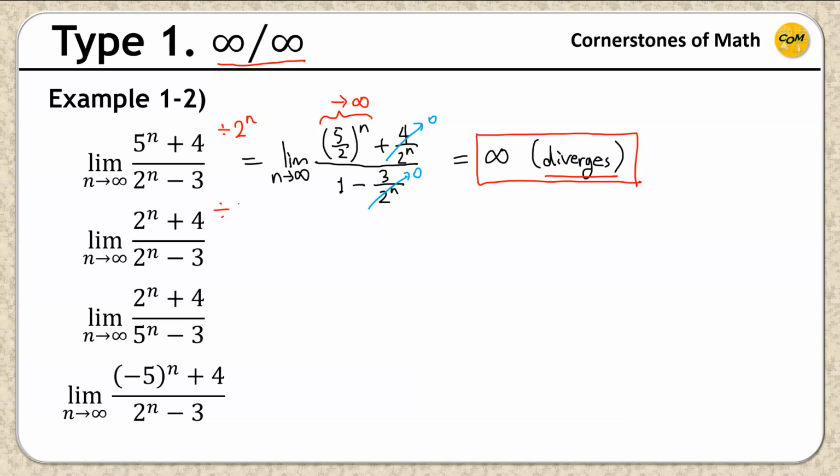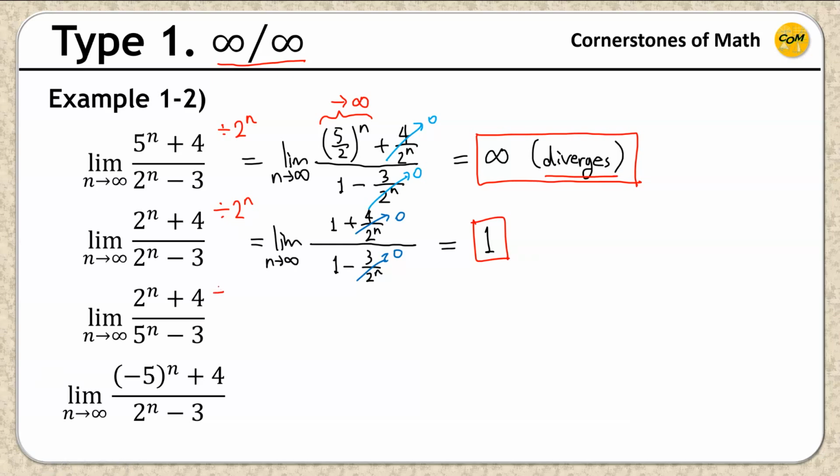As for the second one, dividing by 2 to the power of n gives 1 plus 4 over 2 to the power of n divided by 1 minus 3 over 2 to the power of n. As these parts approach 0, we obtain the value 1.